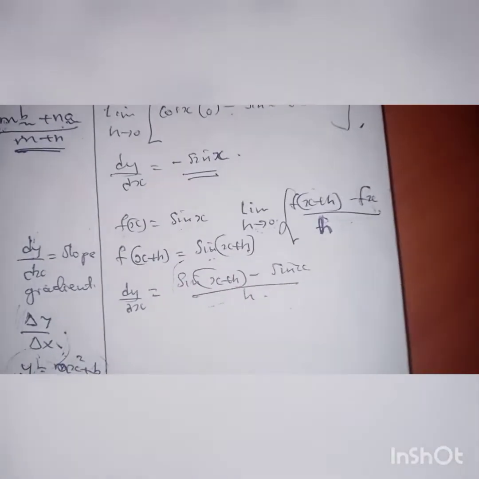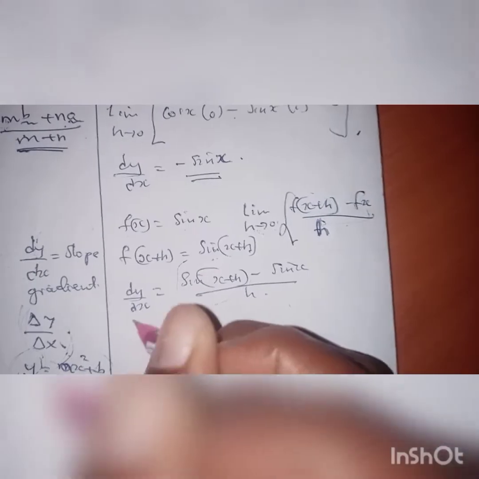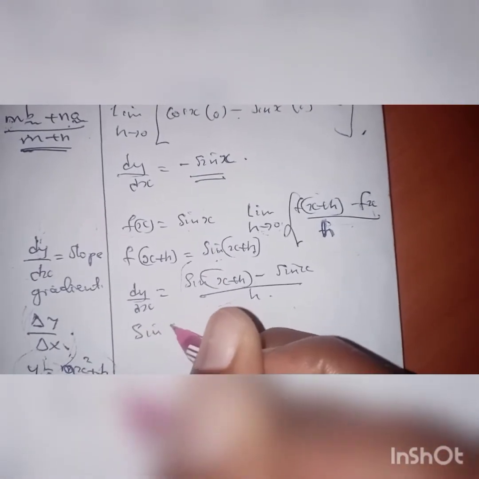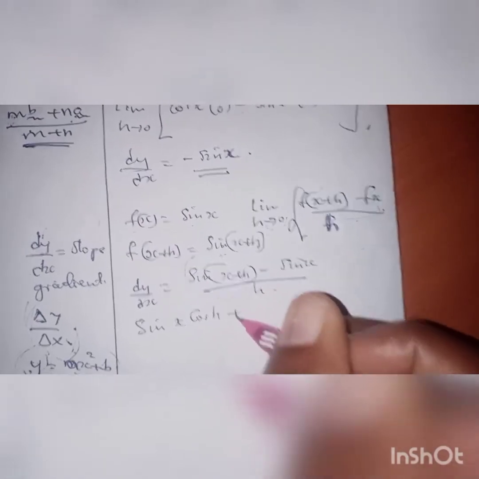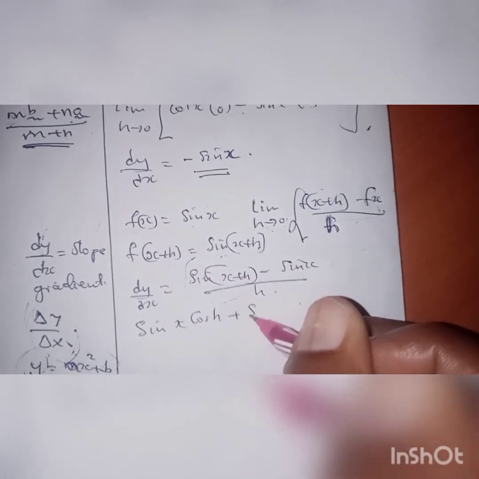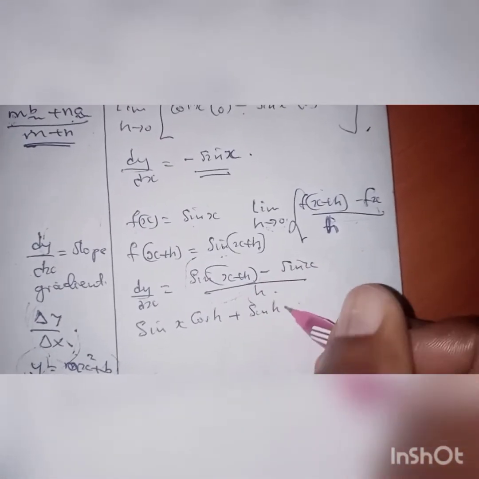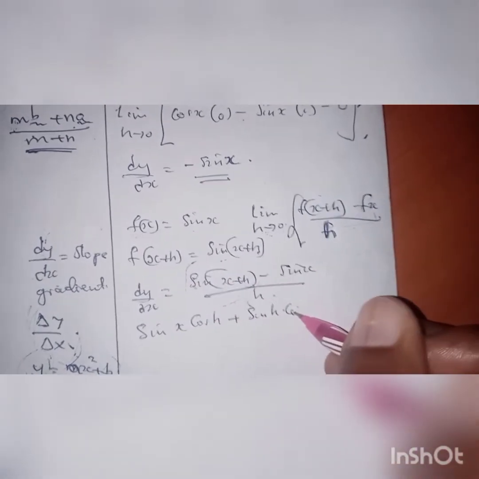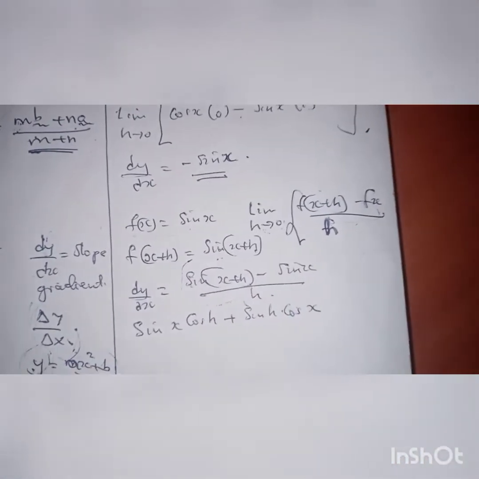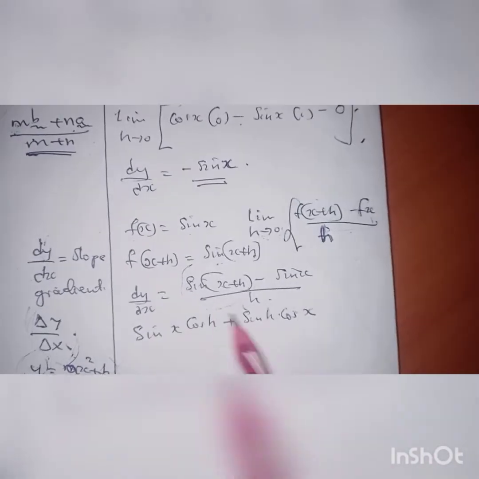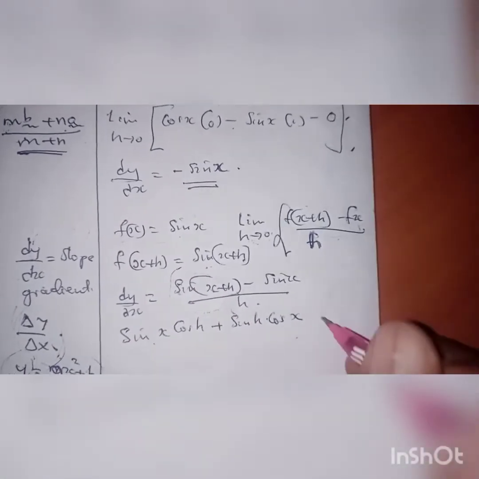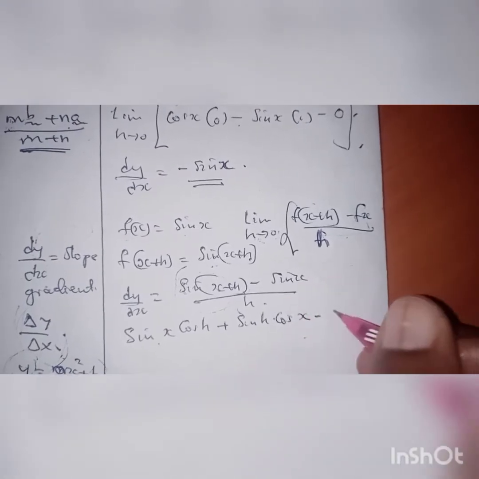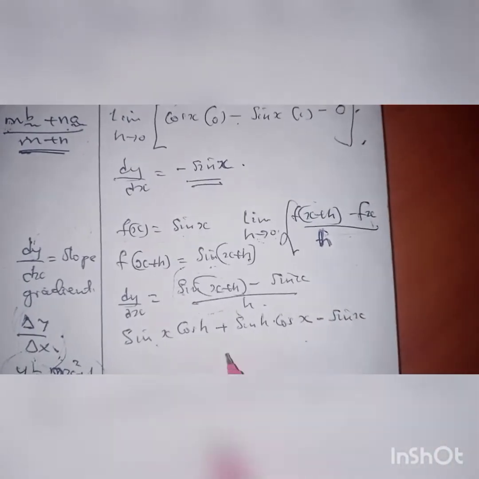Expanding this one using compound angles, it is just sine x cos h plus sine h cos x. So for you to expand this one, just apply the compound angles. Then minus sine x.